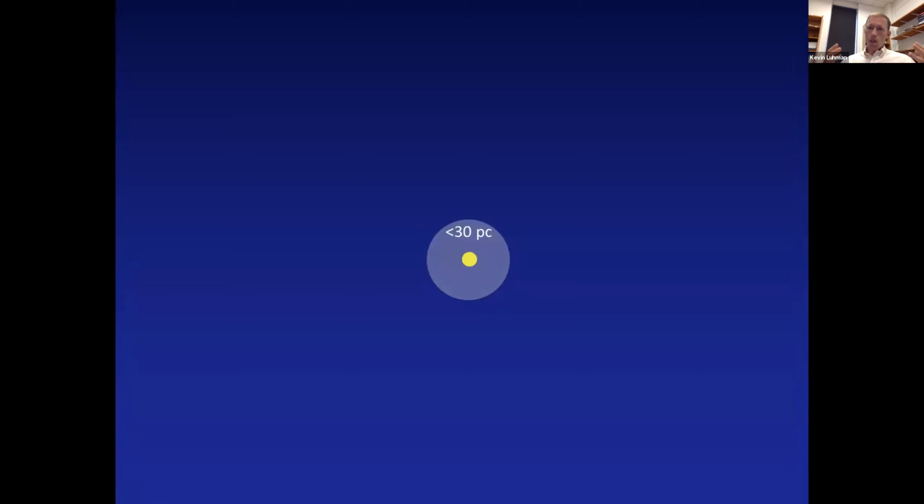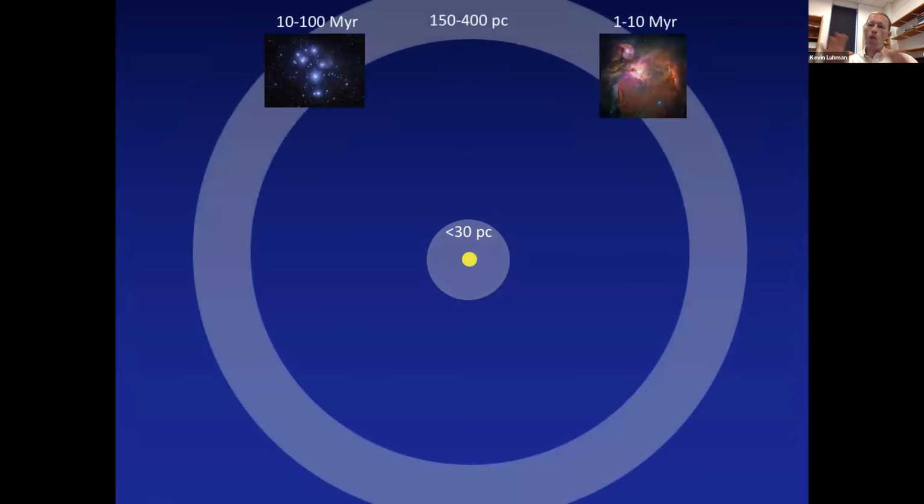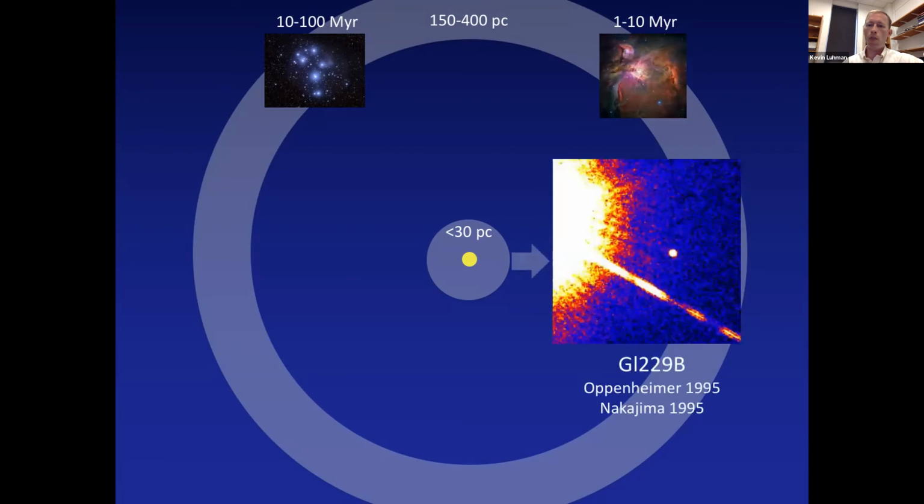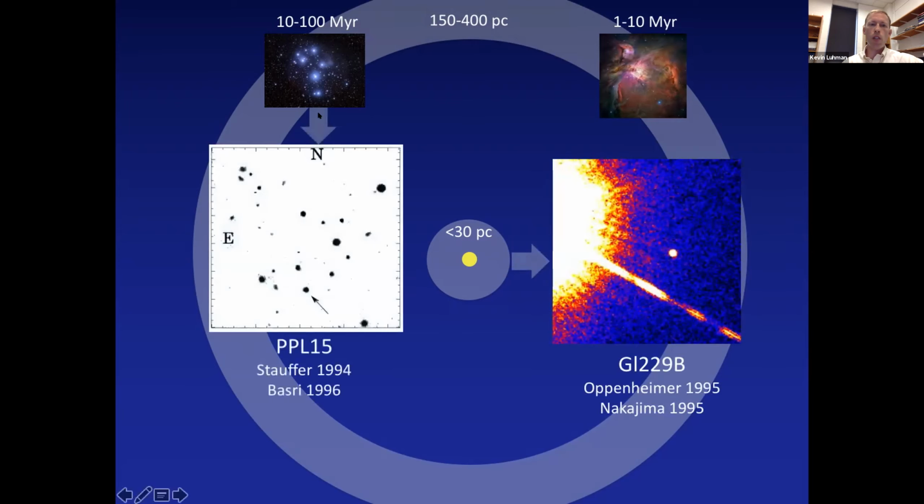And the nearest young star-forming regions and open clusters are at distances of a few hundred parsecs. So those are the two main hunting grounds for brown dwarfs, the solar neighborhood and the nearest young stellar populations. And in fact, the very first brown dwarfs found in 1995 were found in both of those environments, both as a companion to a nearby field star and as a free-floating object in the Pleiades open cluster.